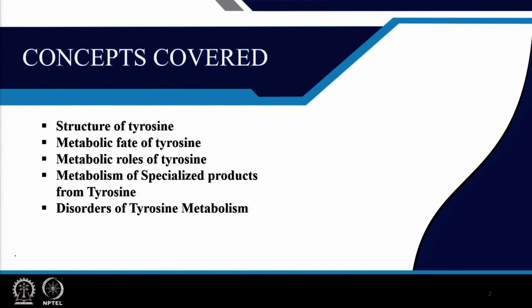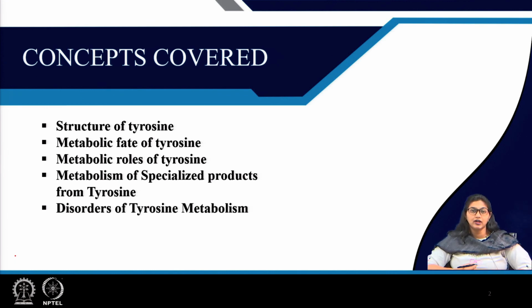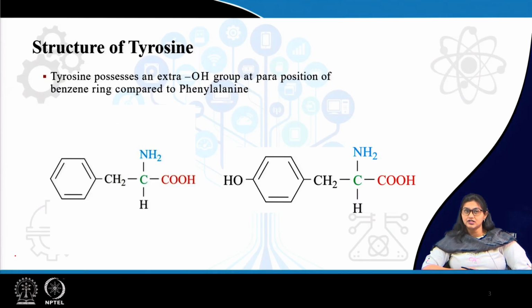In this class we will discuss a brief of tyrosine, what are the characteristics of this amino acid, what are the metabolic fate of tyrosine, the different metabolic roles of tyrosine, and the different specialized products which are formed from tyrosine, what is their importance, how they are formed, and finally, the different disorders related to tyrosine metabolism. So, let us move on to the basic briefs of the amino acid tyrosine.